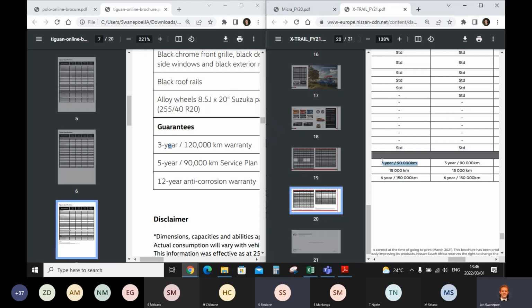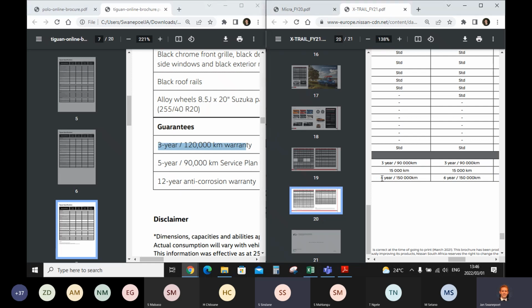Service plan 3-year, 90,000 kilometers. On the Tiguan, the service plan is 5 years. So you can see the weight that these two companies place on those 2 additional items during the utilization phase of this car, right? So you can see that Nissan puts more value in the warranty than they do in the service plan, whereas VW puts more value into the service plan than the warranty.